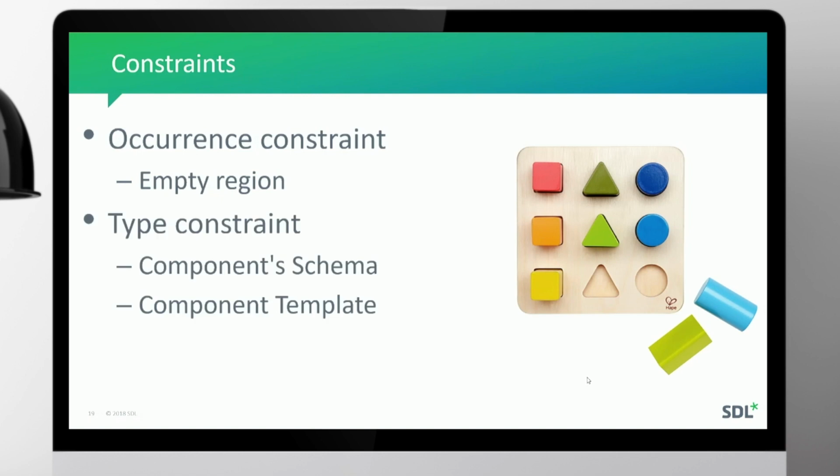And there are also so-called type constraints that allow you to restrict schemas and component templates for component presentations in a particular region. And you can mix and match them.